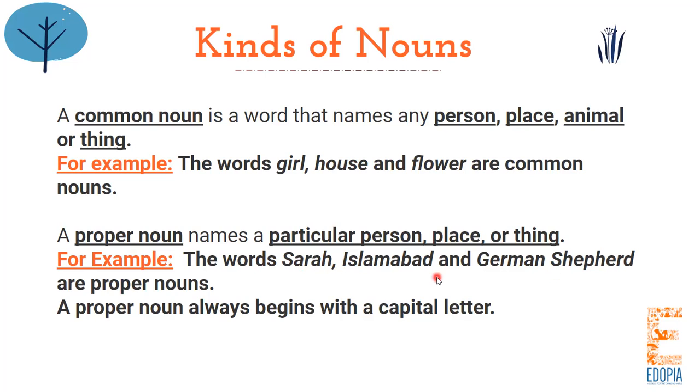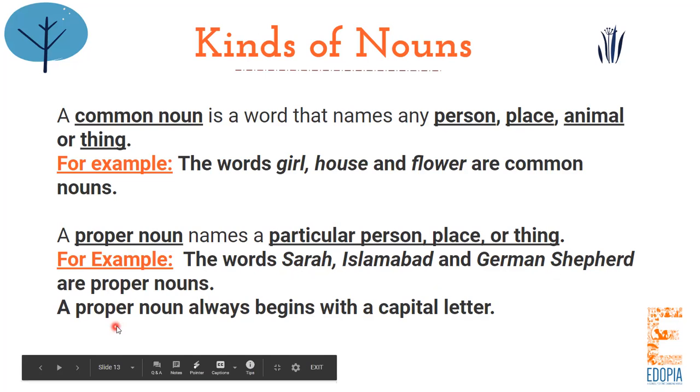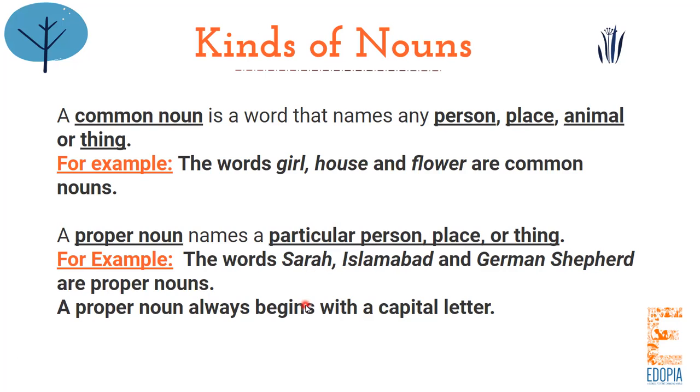Can you see that I have written all these names with capital letters? So the next thing is that a proper noun always begins with a capital letter. So if you can't identify a proper noun in a sentence, and there is a word written in the middle of a sentence which starts with a capital letter, that would most probably be a proper noun. So let's move on.